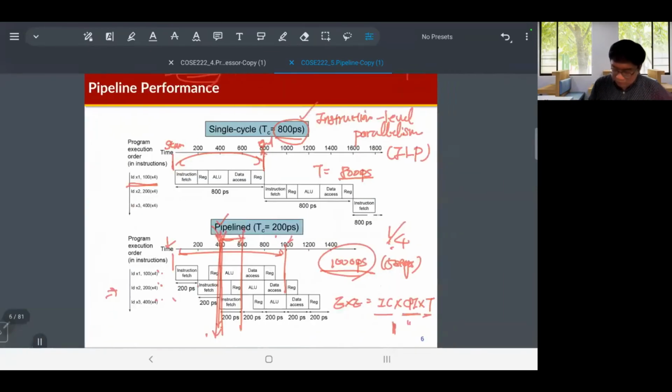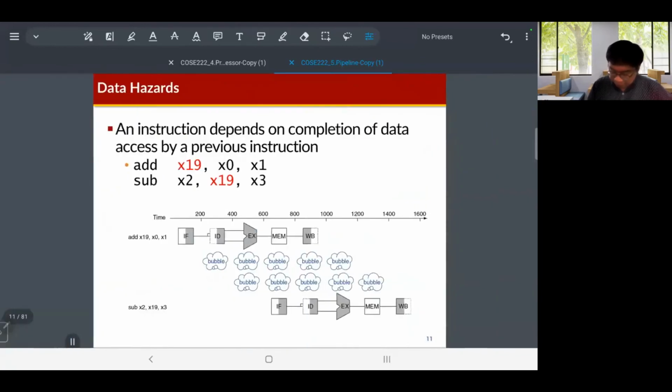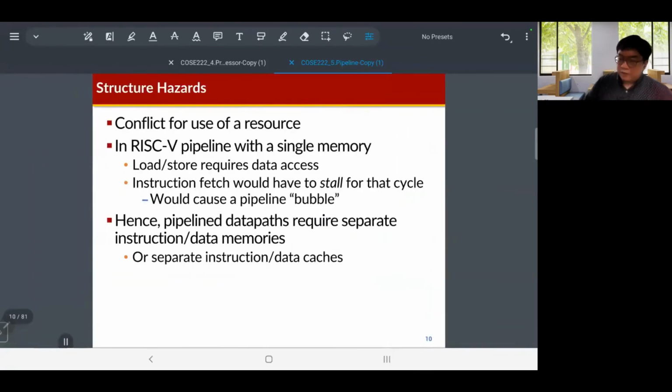When we design stages in the pipeline architecture, we just split the required hardware resources for each stage, which means that structure hazards are not observed in the pipeline architecture.